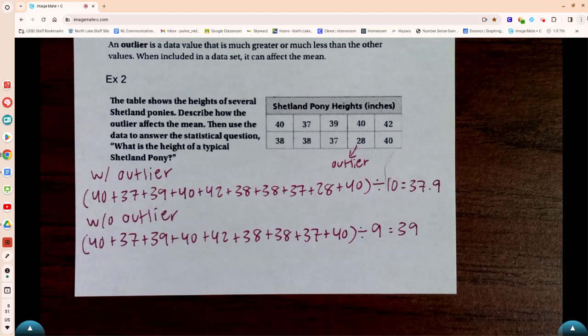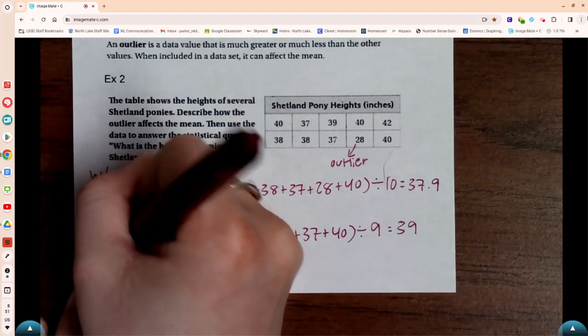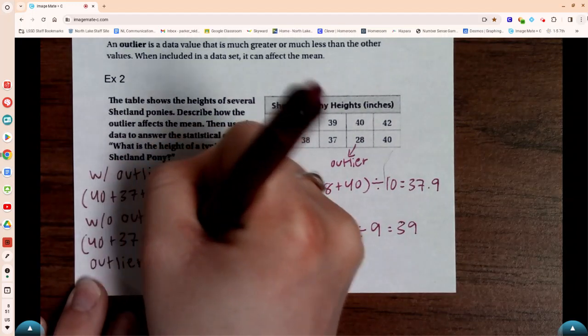My average is going to go up closer to those numbers. Now, if my outlier had been much greater than all of the other data, it would have caused my mean to be higher than it would be without it. So the outlier can drag the mean down if it's lower than the rest of the values, or it can push it up if it's higher. In this case, the outlier lowers the mean.